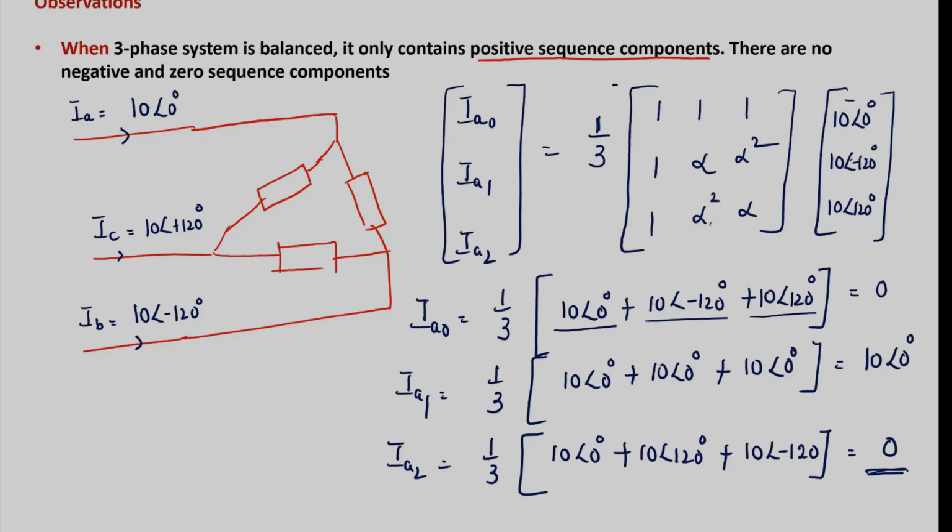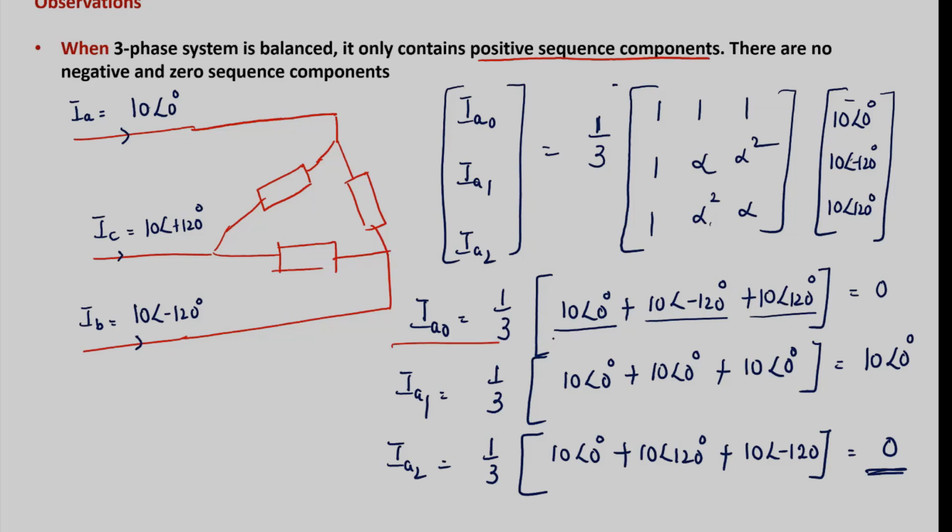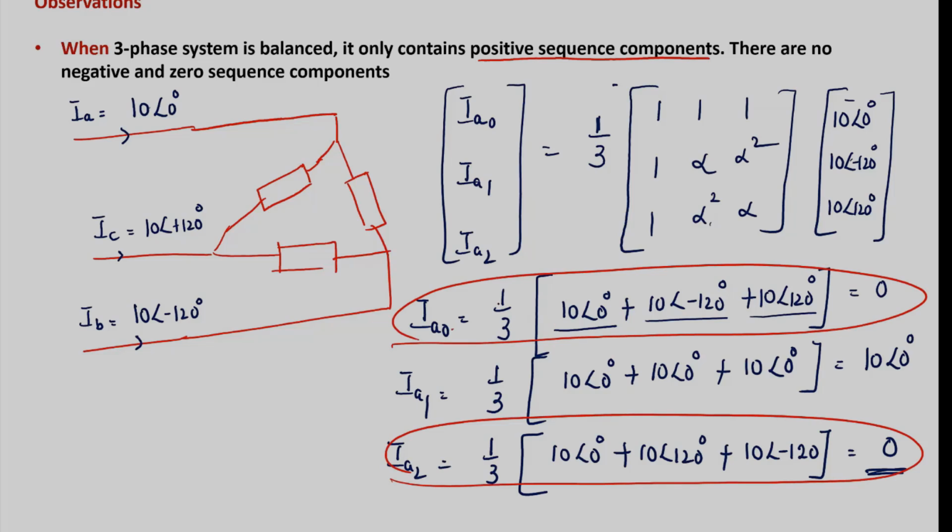So in a balanced system, what you can observe is that the zero sequence currents are not there. So when zero sequence currents are not there, zero sequence voltages also will not be there. The negative sequence currents are absent, so negative sequence voltages are also absent.